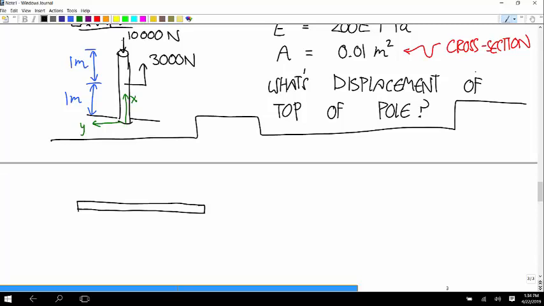So now the 10,000 Newton force is applied at what I'm calling the right end, the way I've reoriented it. Which way is that 10,000 Newton force acting, left or right? Left. So we have 10,000 that way. And at the midpoint, we have 3,000 this way.